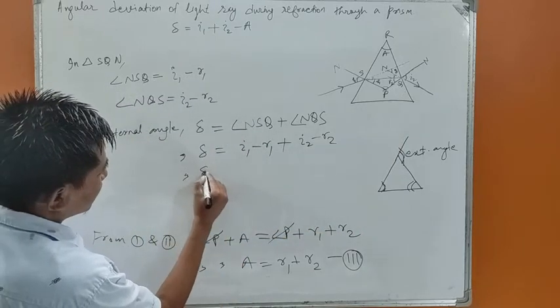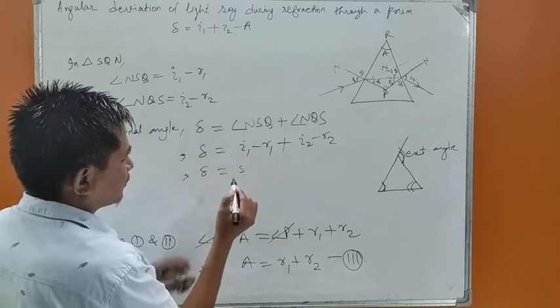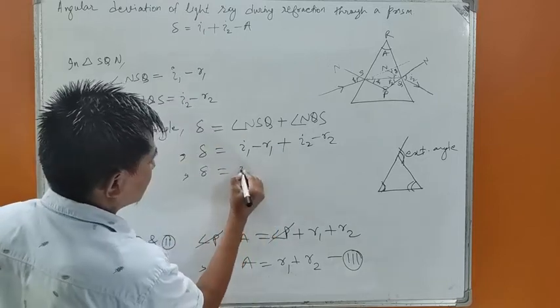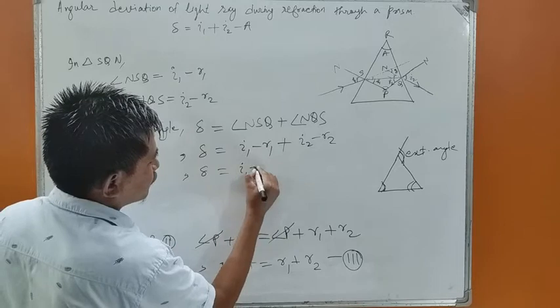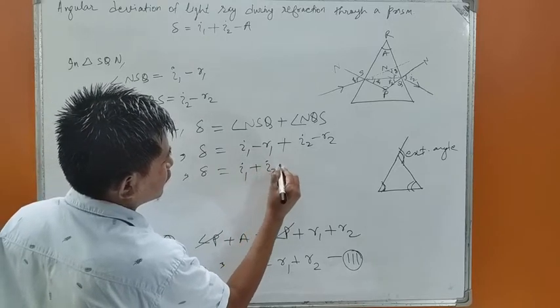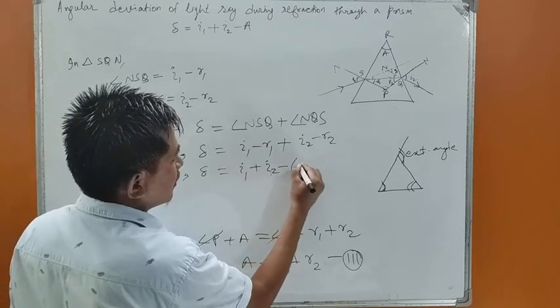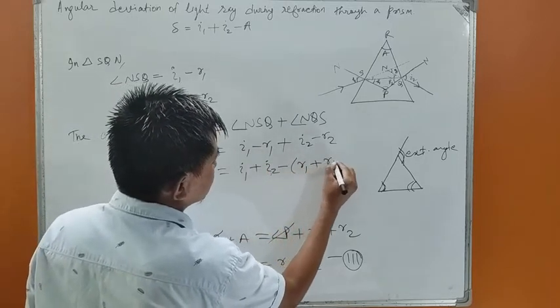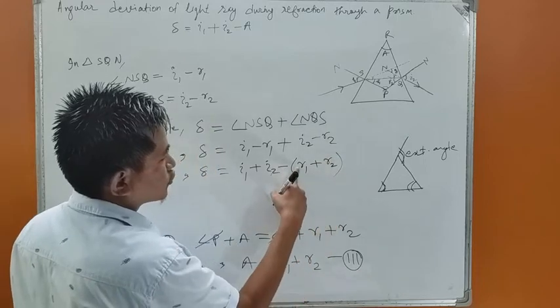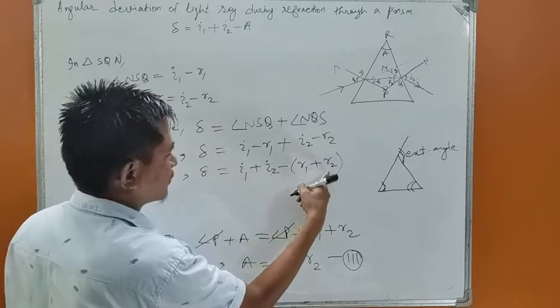Or del equals I1 plus I2, let me write first, minus R1 minus R2. Let us take minus common: minus into plus R1, minus into plus R2, okay?